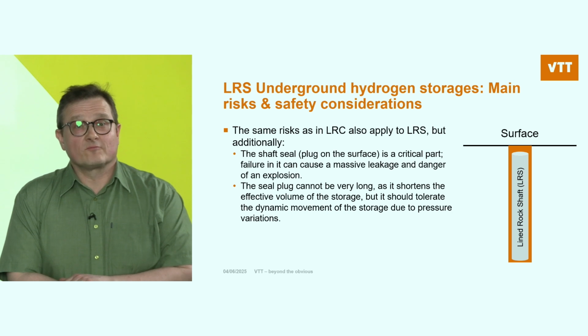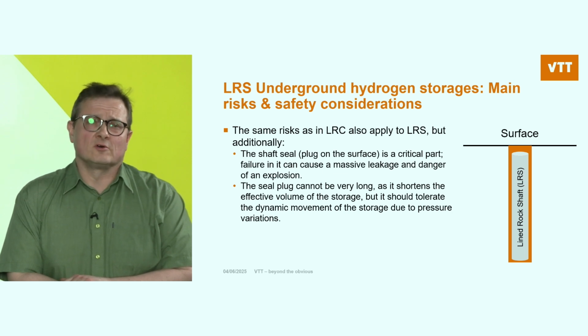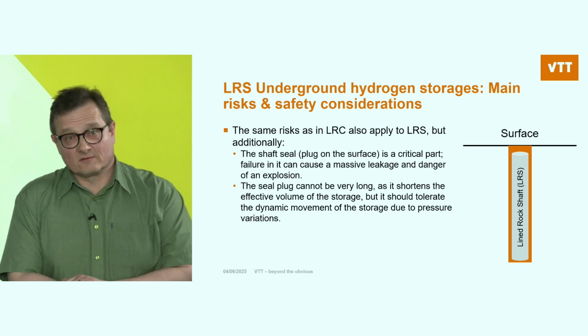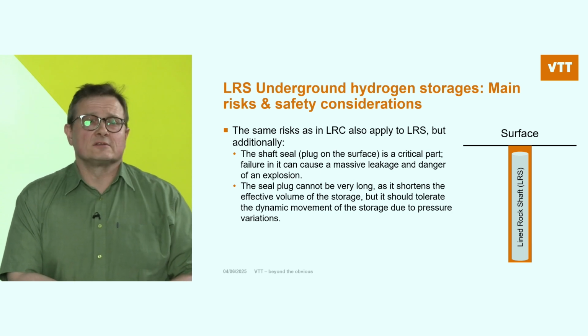And there are some challenges, because the plug cannot be very long, because that shortens the effective volume of the storage. But it still must tolerate all the dynamic movements and the pressure effects onto the structure. So it is a really challenging part to engineer.